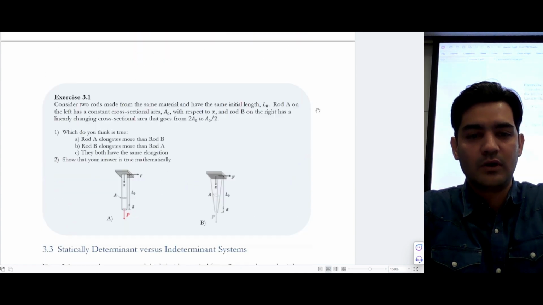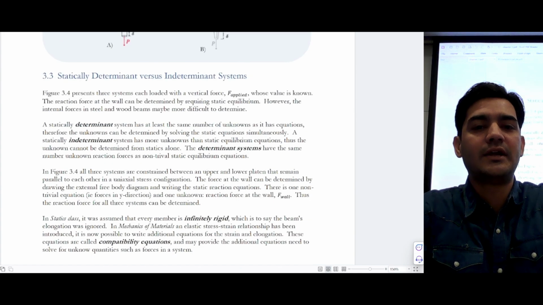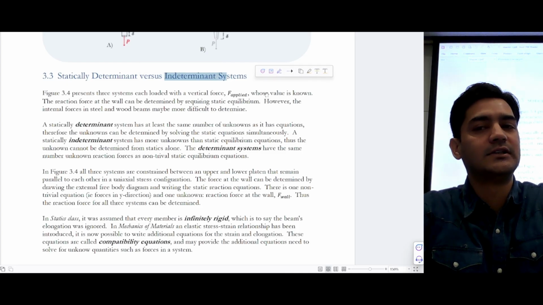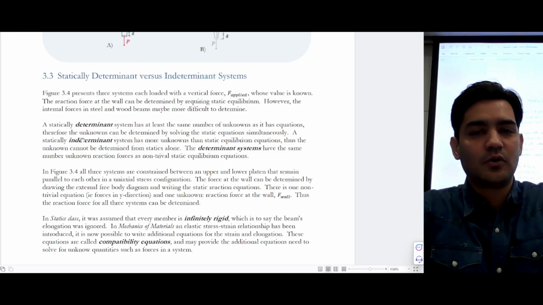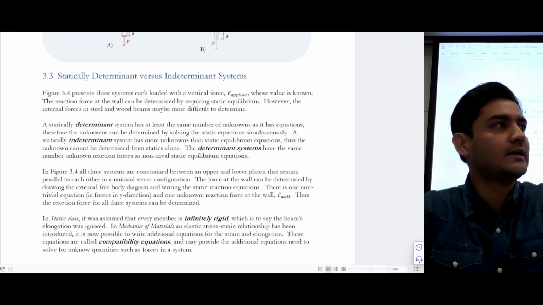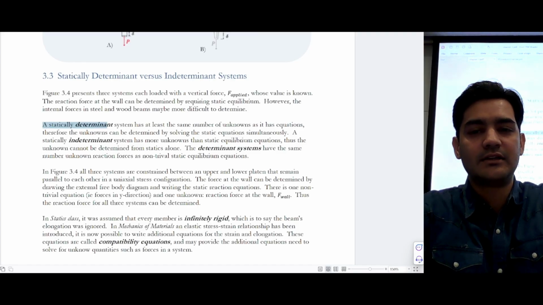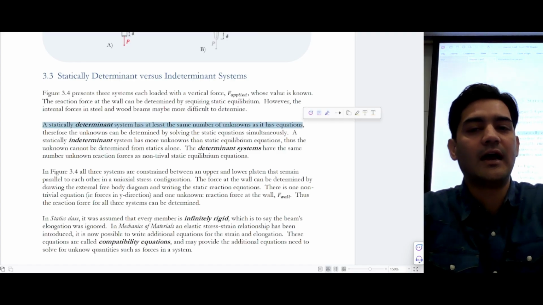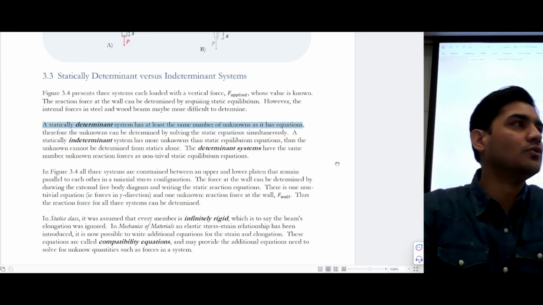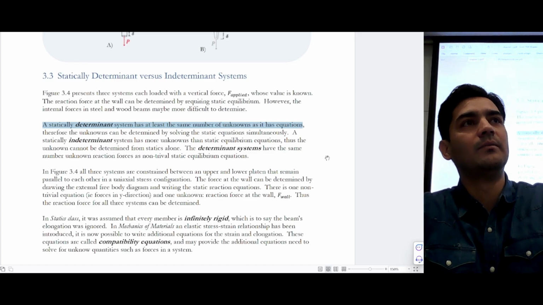So what we will talk about is what is a statically determinate system and what is a statically indeterminate system. In this book, they have given a definition for a statically determinate system. A statically determinate system is a system where you have the same number of unknowns as you have equilibrium equations.